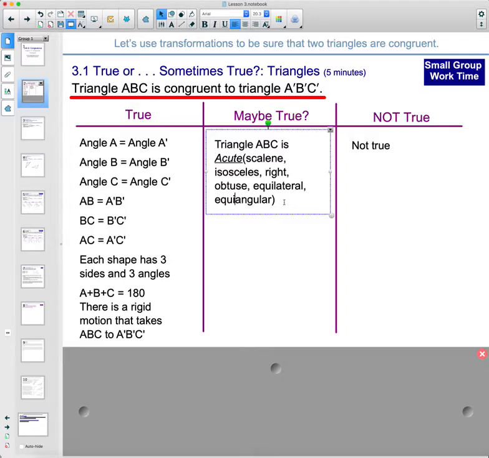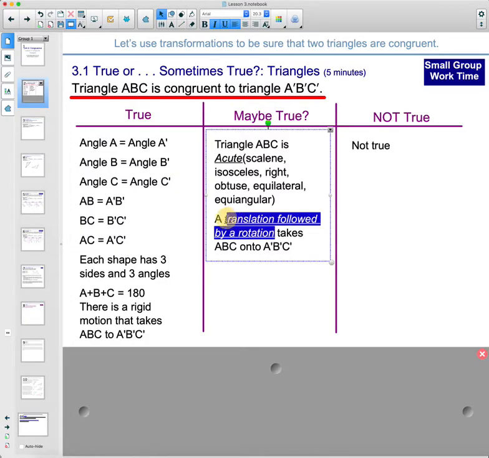So if you're saying anything very specific about the triangles, okay. Another thing maybe you said is something specific about the translation or the transformation. You said a translation takes ABC onto A prime B prime C prime, or maybe you said a translation followed by a rotation takes ABC onto A prime B prime C prime.